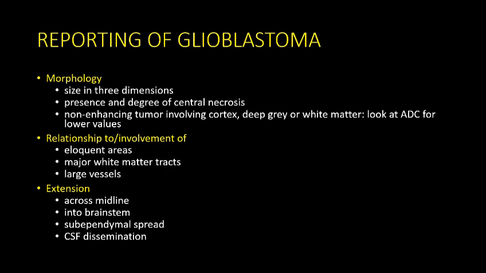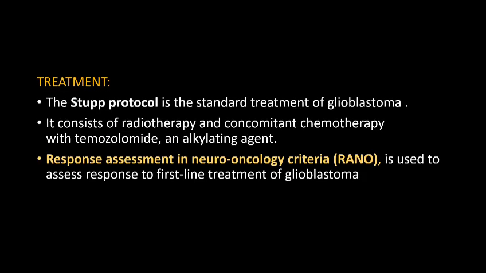Extensions across midline, into brainstem, subependymal spread and CSF dissemination should be reported. Treatment: Stupp protocol is the standard treatment of glioblastoma. It consists of radiotherapy and concomitant chemotherapy with temozolomide, an alkylating agent. Response Assessment in Neuro-Oncology criteria, that is RANO criteria, is used to assess response to first-line treatment of glioblastoma.